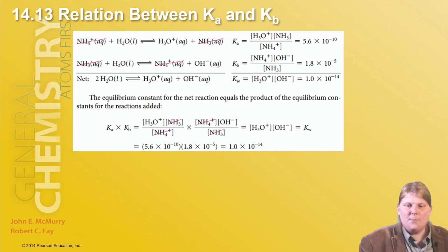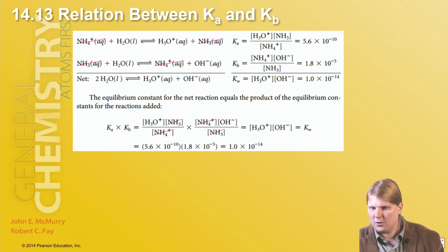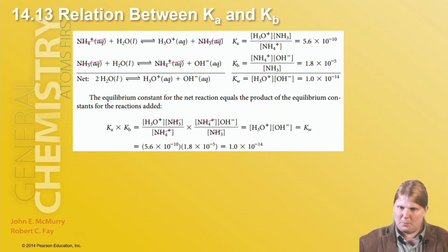So just like how temperature can change the value of Ka or Kb, if you use a different solvent aside from water, these Ka and Kb values go out the window because they are in different solvents and they behave differently. Like in ammonia, something might be a strong acid in ammonia that is not a strong acid in water, or a strong base in water that's not a strong base in ammonia, and vice versa. Generally, ammonia is more basic, so its stuff is shifted in that direction. But just be aware that sometimes you can have acid and base in different solvents as long as it can support acid-base chemistry.